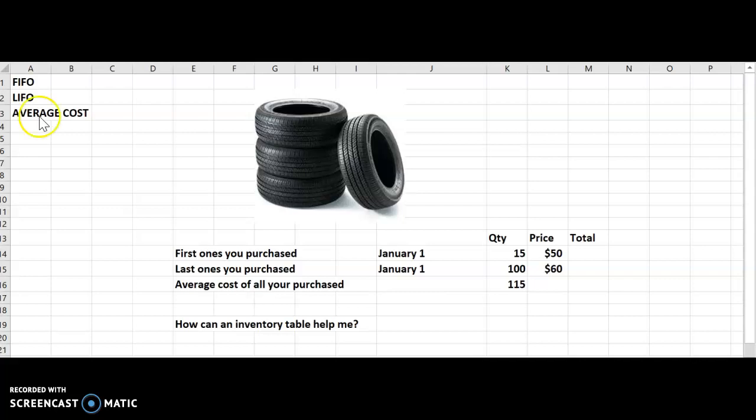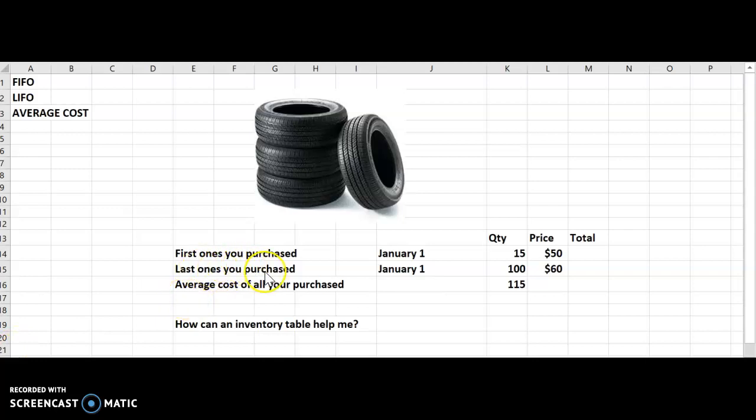The methods to assign costs are called FIFO, which means first in, first out, LIFO, which means last in, first out, and average cost. Now, when we say first in, we just mean the first ones we purchase or the oldest purchase. And when we say first out, it just means the oldest ones we're going to expense first.